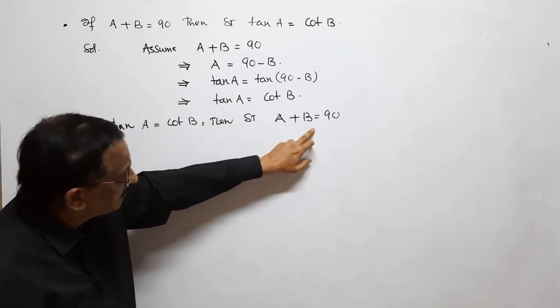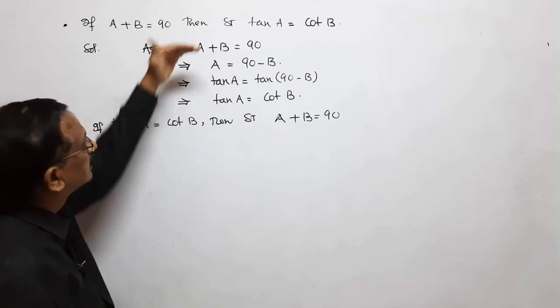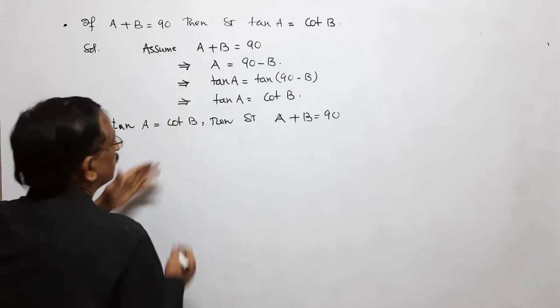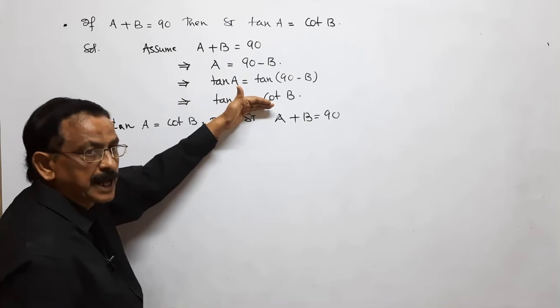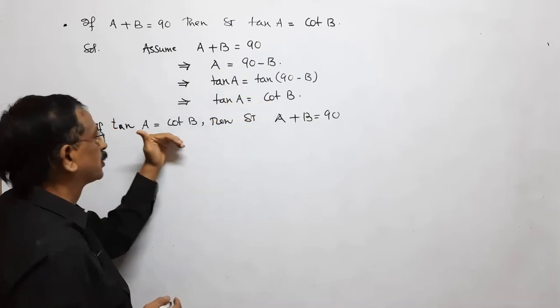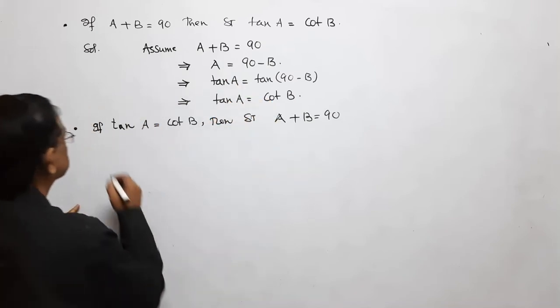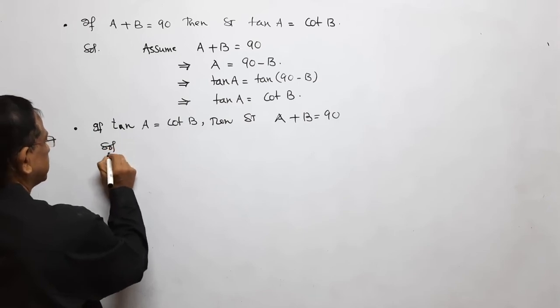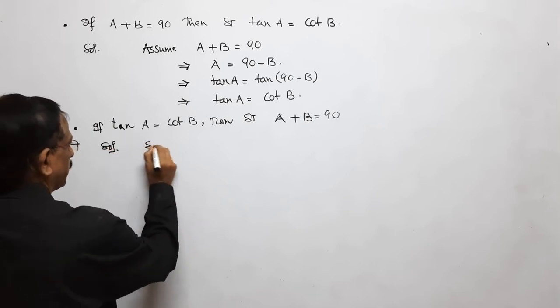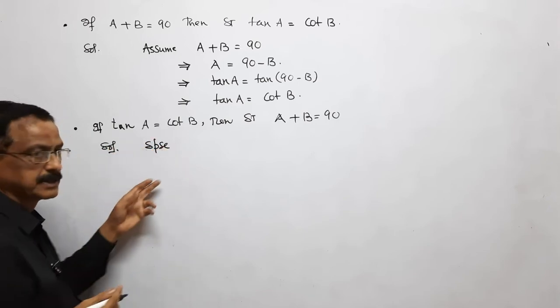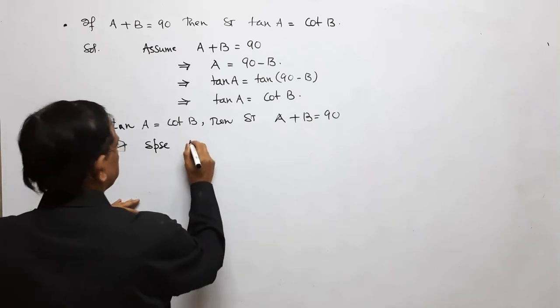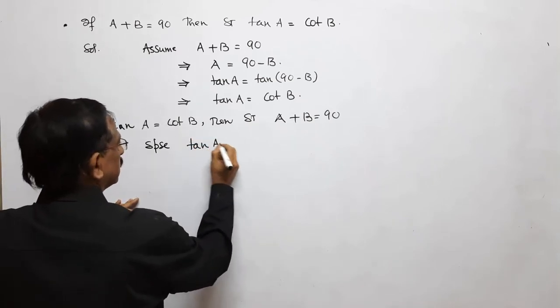If you have A plus B is 90, we have proved tan A equal to cot B. Now, tan A equal to cot B, can we prove that A plus B is 90? So, let us see that. Suppose, I'll write SPSE, suppose or assume tan A is equal to cot B.